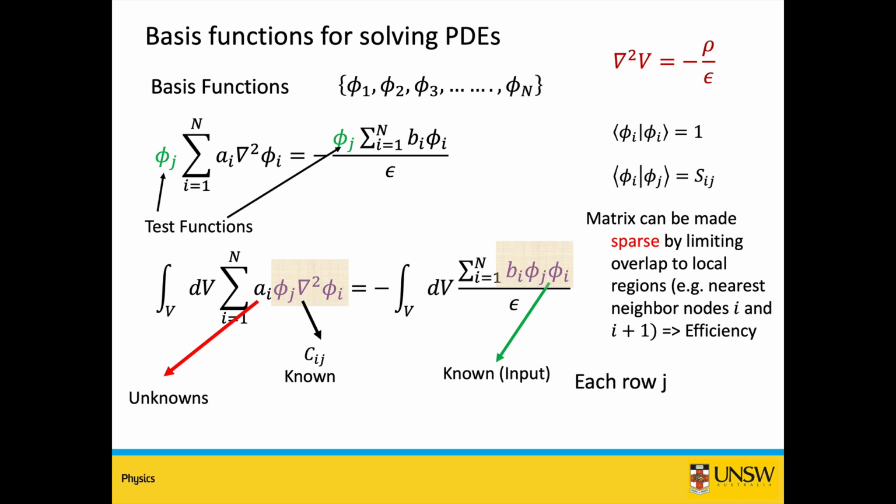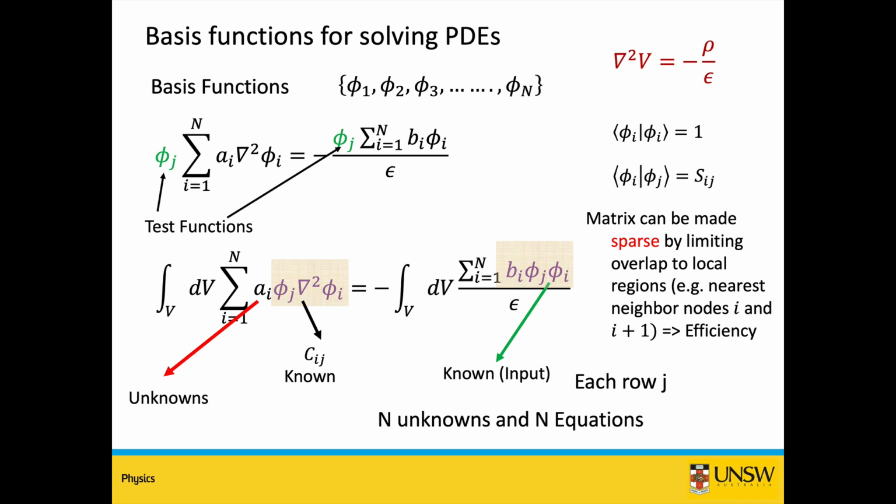And to recap, this represents one row of the matrix. You can see that this can be written as a linear equation of n unknowns. This equation, which represents one row of the matrix, is a linear equation that has n unknowns, and the unknowns are the a sub i's.